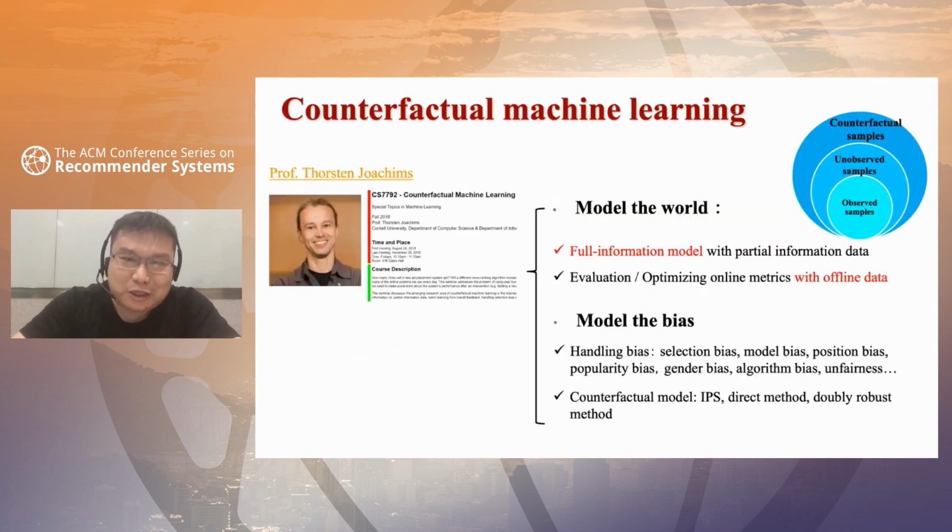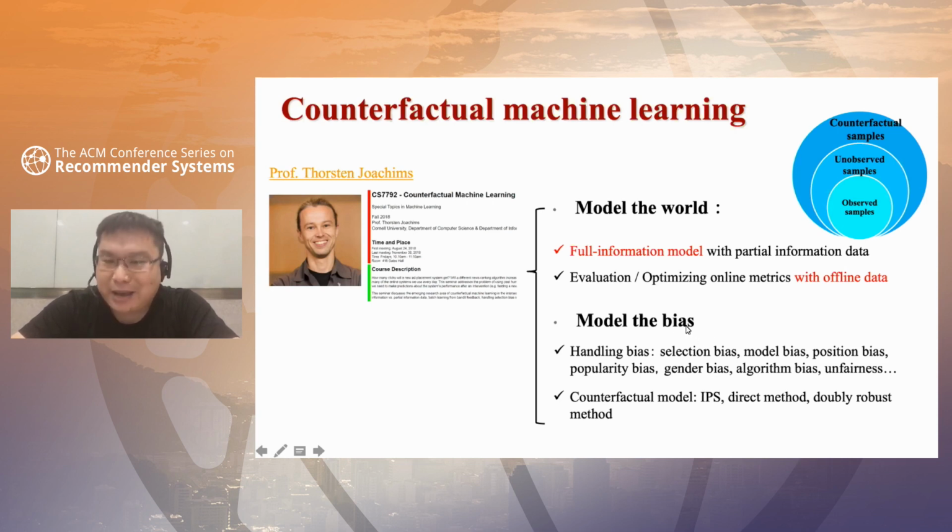Let's look at the machine learning community. Stanford had a course named Counterfactual Machine Learning. There are mainly 2 topics, model the world and model the biases. For model the world, it studies how to use partial information data to train a full information model. It also studied how to use offline data to evaluate online metrics.